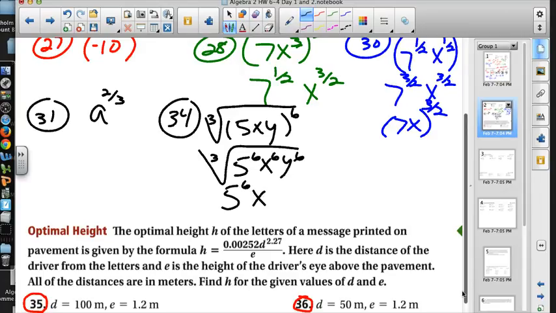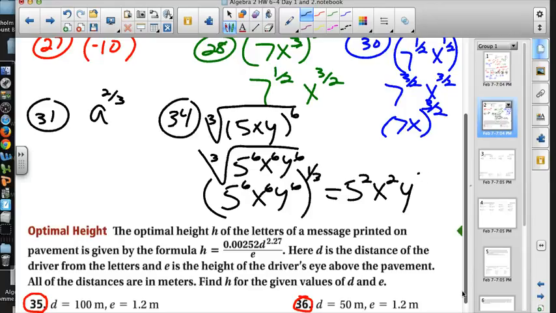So 5 to the 6th, x to the 6th, y to the 6th, all to the 1/3, which when you multiply 6 times 1/3 is going to give you squares. So 5 squared, x squared, y squared. So those would be your powers for number 34, and then 5 squared, of course, we know is 25.